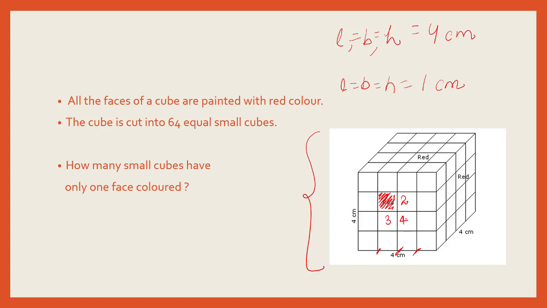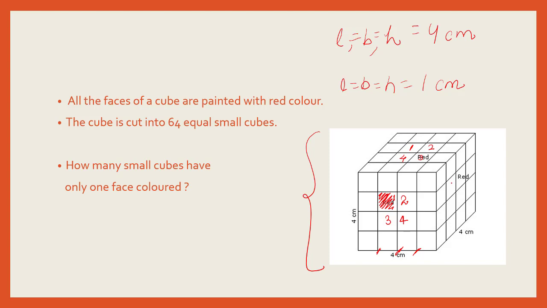So the face that is in front of us, on that we have seen there are 4 such cubes for which we can only see one face. Similarly, the face which is on the top, we can see 1, 2, 3, 4 cubes here for which only one face is being visible. Or we can say for the only one face is being colored.